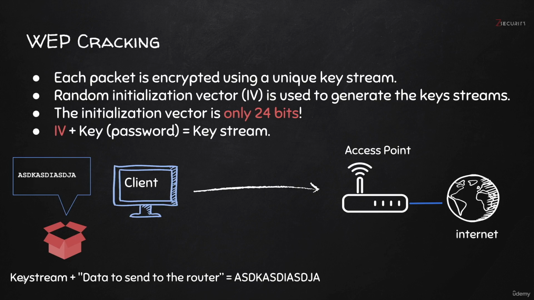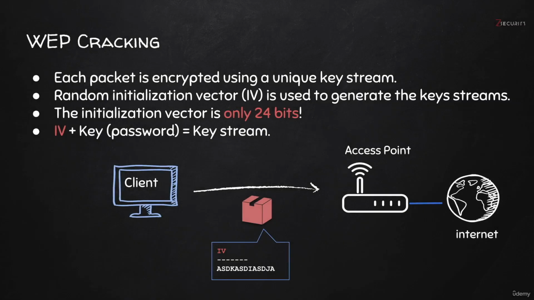So basically we have the key stream plus the data that we need to encrypt gives us the gibberish, and then the gibberish is sent into the air. But before sending this into the air, WEP will also append the initialization vector. This is the 24-bit random number that I said it creates in order to make sure that each packet has a unique key.